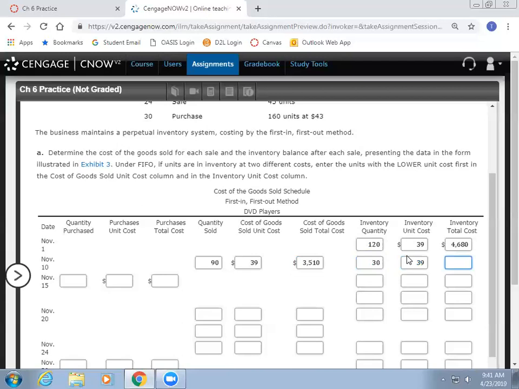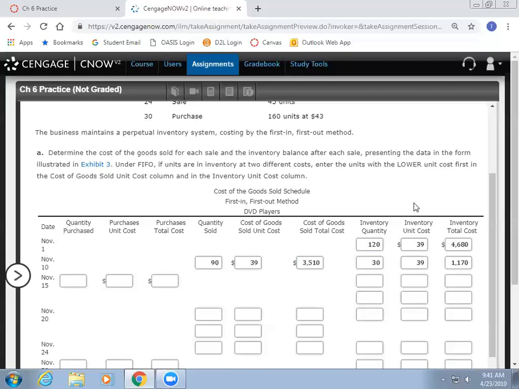To calculate our ending inventory after that sale, we take 30 times 39, which is $1,170. Those two entries would honestly be the same under any method because we only have one inventory cost level.